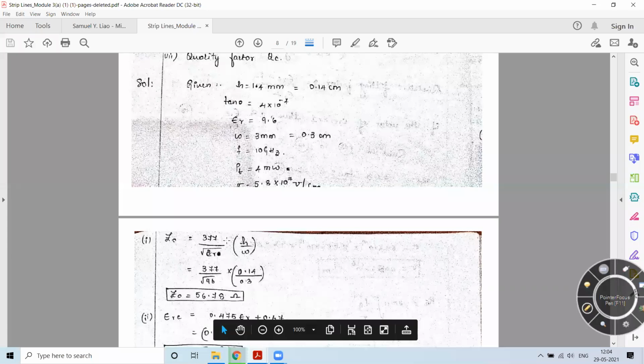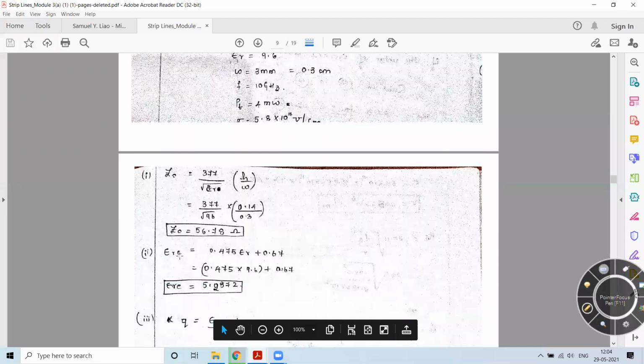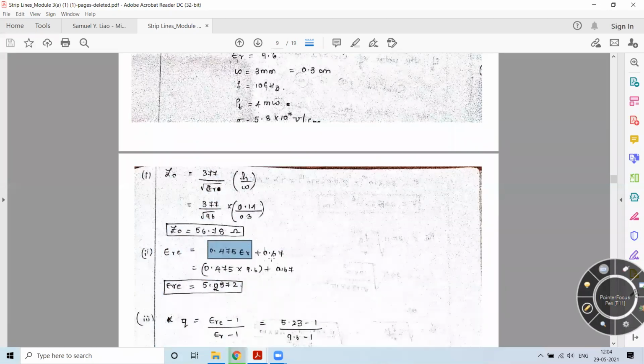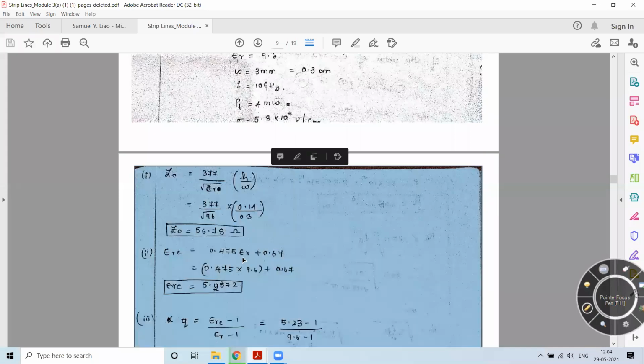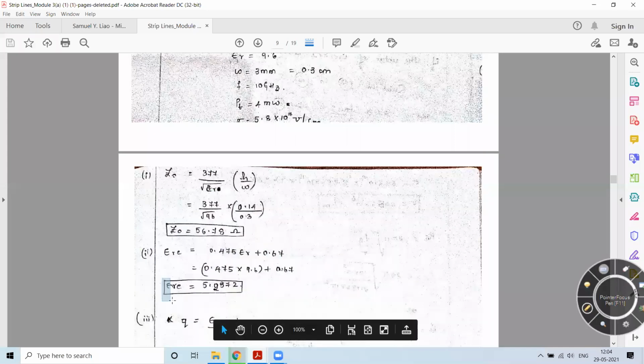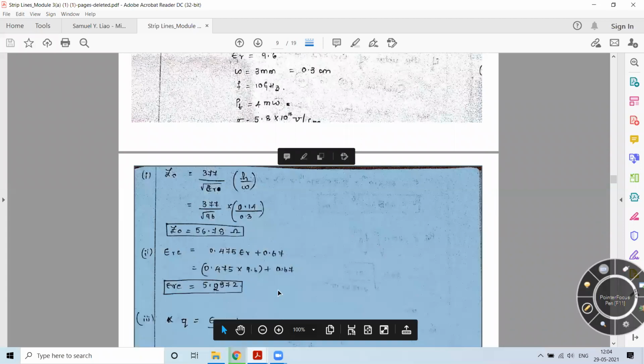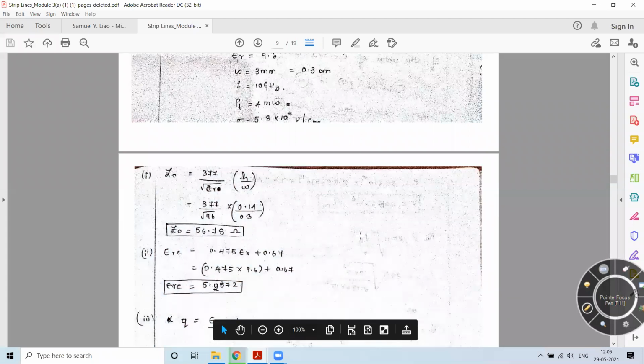When we substitute the known values, we get Z0 equal to 56.78 ohms. Then epsilon re is given by 0.475 times epsilon r plus 0.67. When we substitute epsilon r and simplify, we get the effective relative dielectric constant approximately around 5.2.